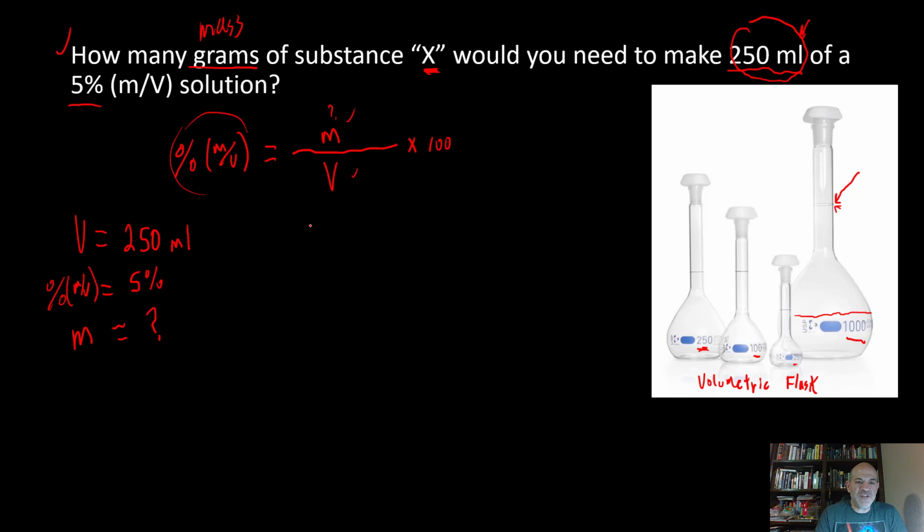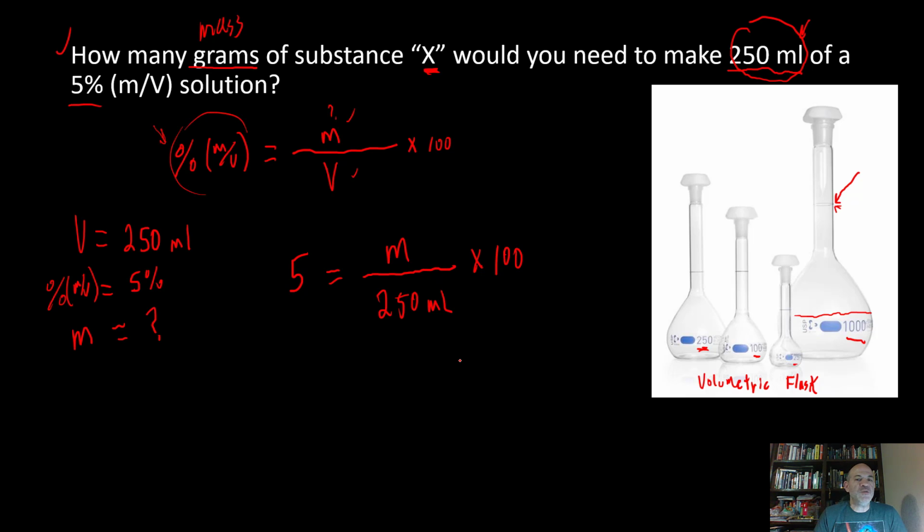I'm going to use this equation as my guide, and I know that the 5 goes on this side. So it's going to be 5, and you can leave out the percent if you want. On the right side of the equation, we don't know mass, so we're going to put M there. On the bottom, we're going to substitute our volume, 250 milliliters, and then we still need the times 100, okay?